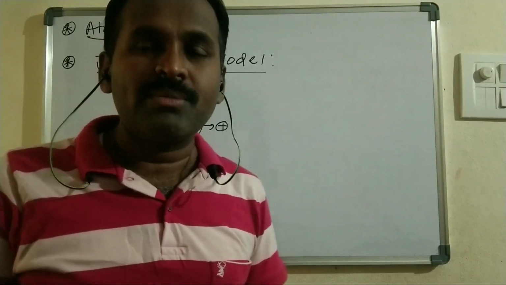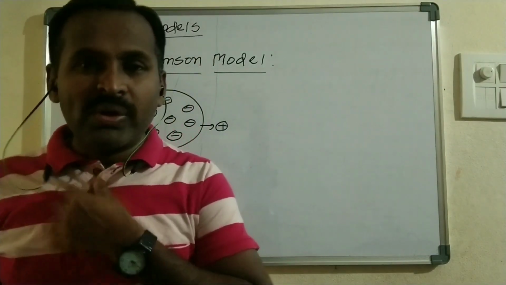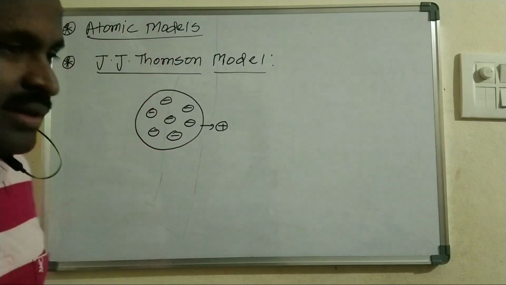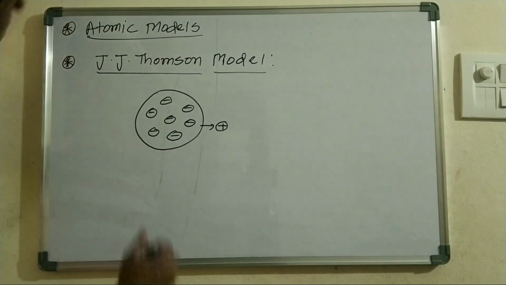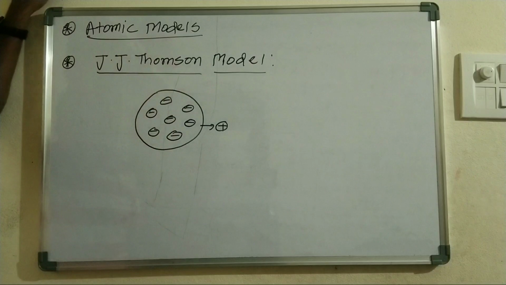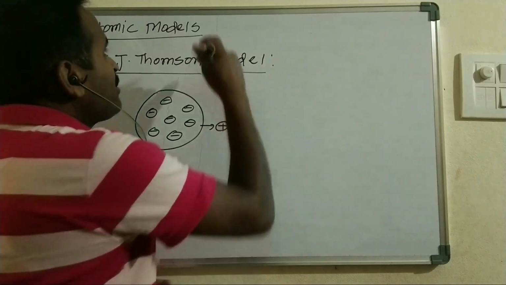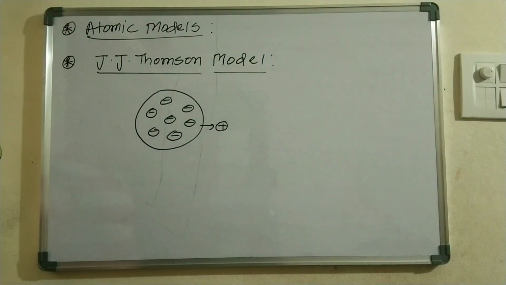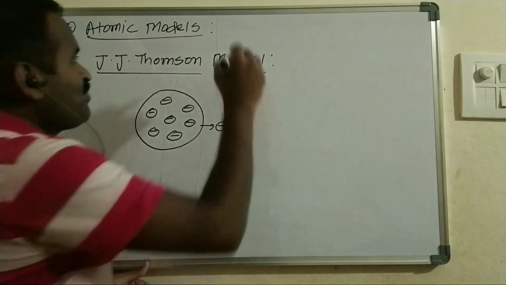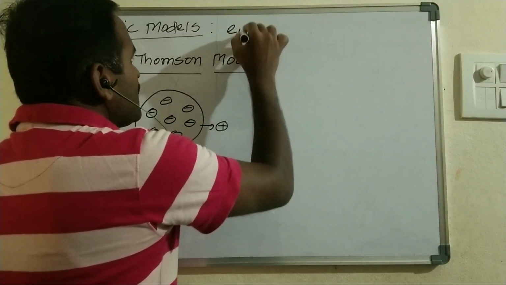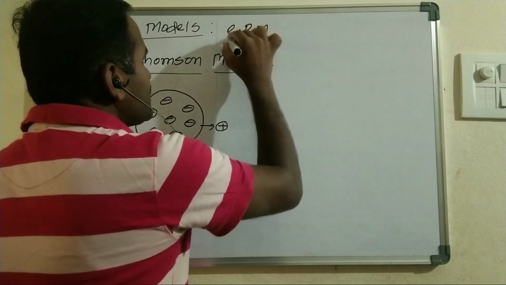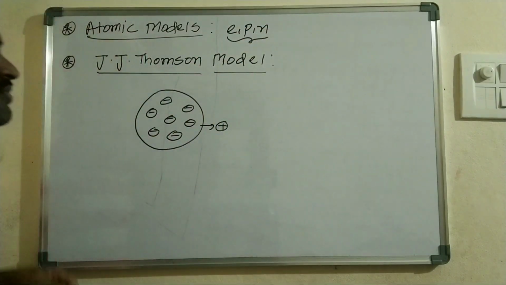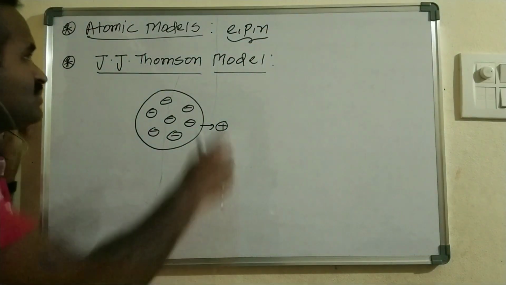I'm going to discuss atomic models, and atomic models are simply the arrangement of the fundamental particles of an atom. What are the fundamental particles of an atom? Electron, proton and neutron are generally called the fundamental particles of an atom.